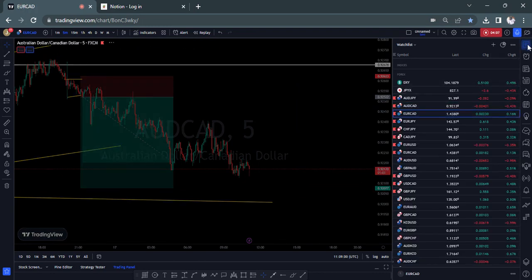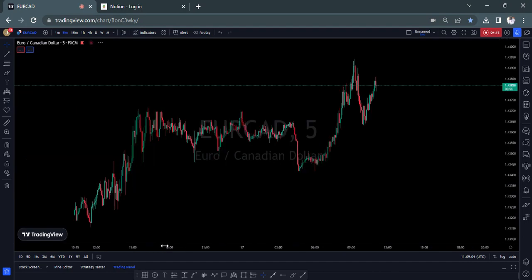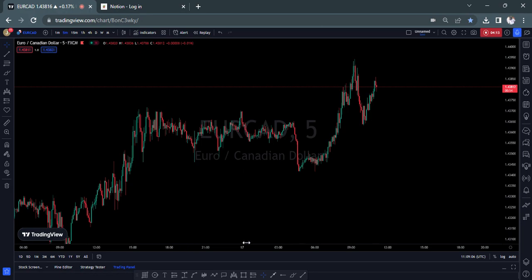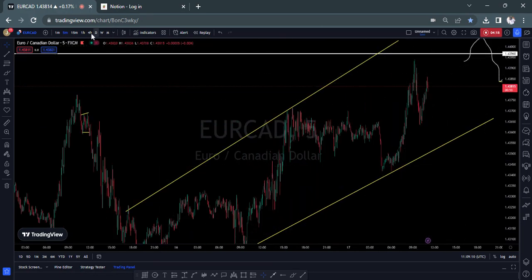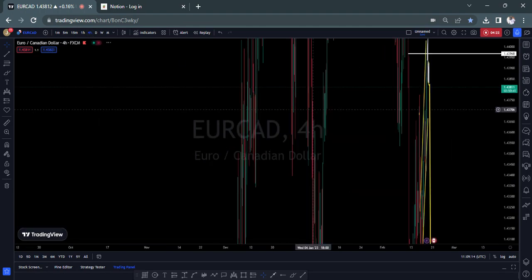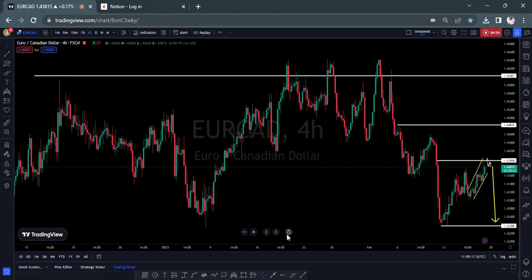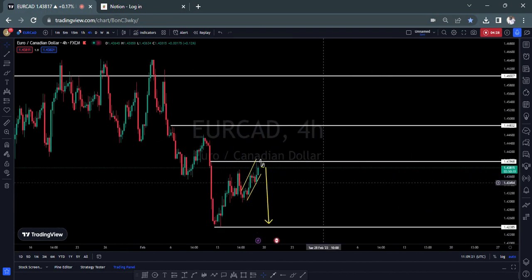The next one is Euro card. The network is kind of slow. I don't know what's happening. Okay, this is Euro card. Let me start from the higher time frame.